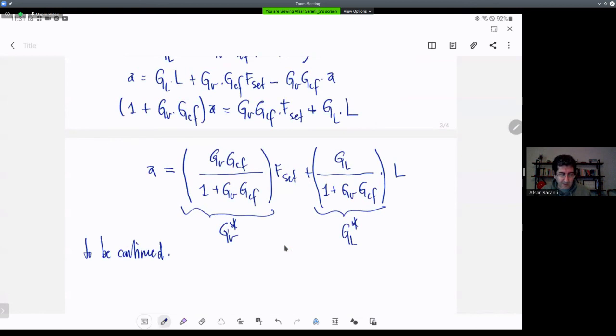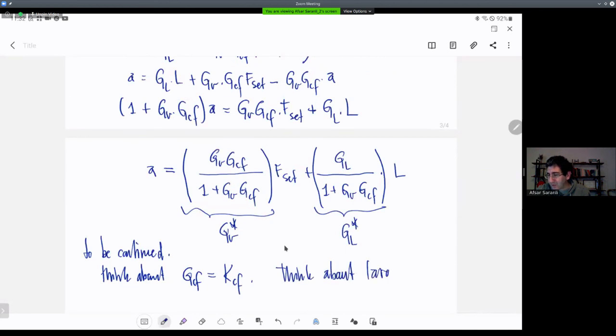Now I want you to think about, until next week, considering that GCF, the flow controller, is a proportional controller, a large KCF. What is the effect of that? What kind of simplifications or approximations can you make in GV star and GL star, and what are the effects of that on the kind of behavior that we are talking about?